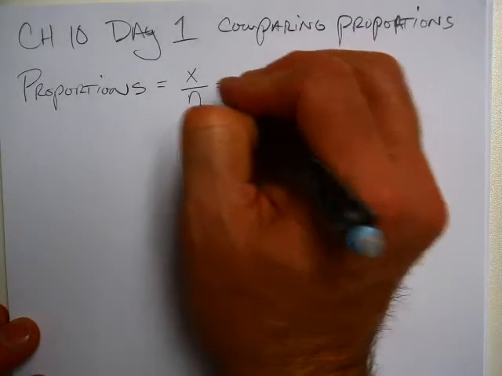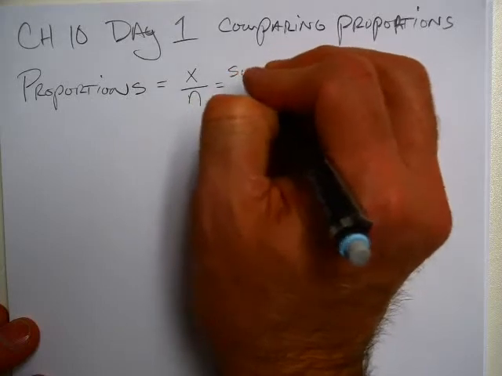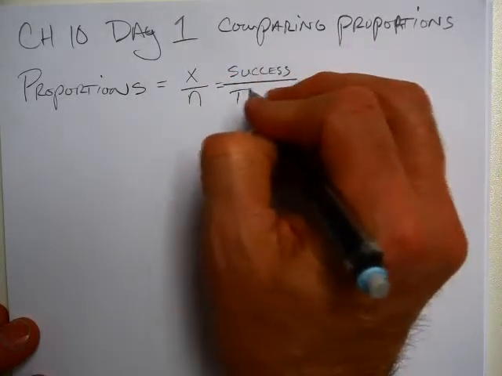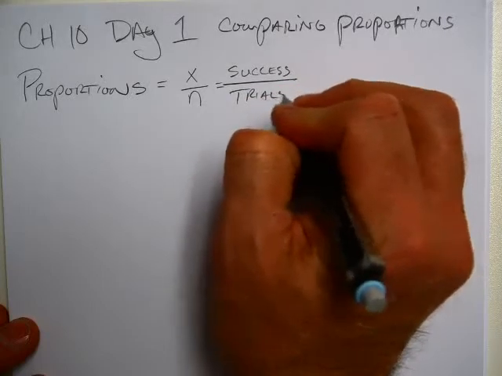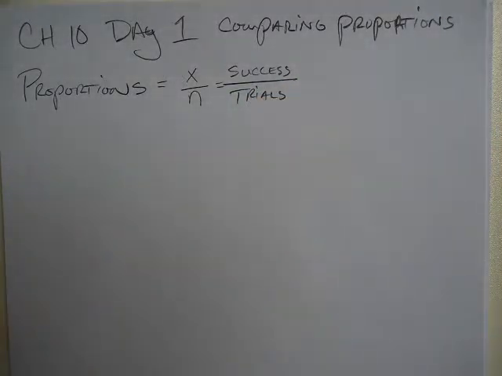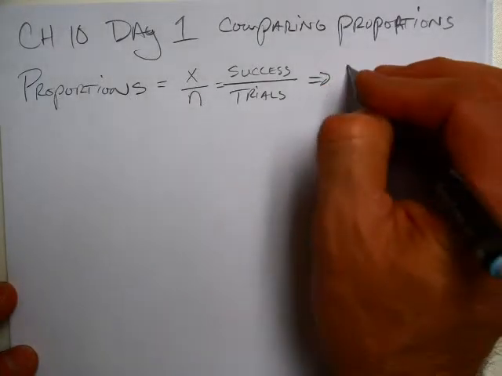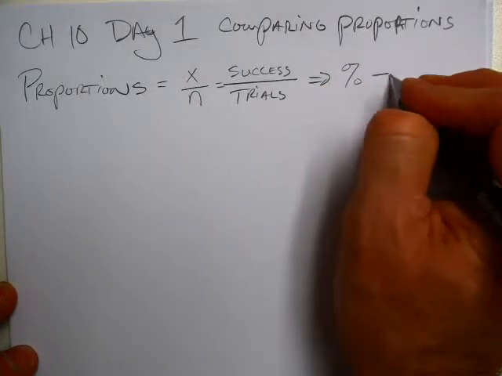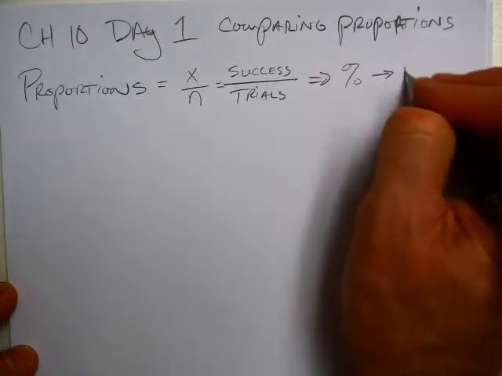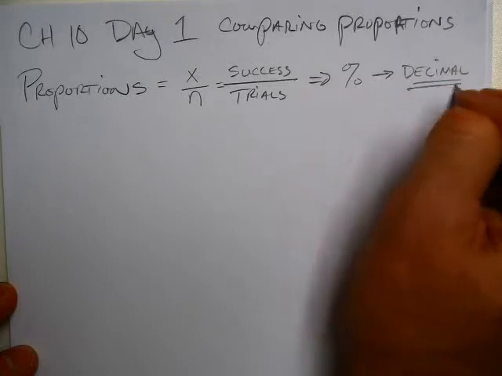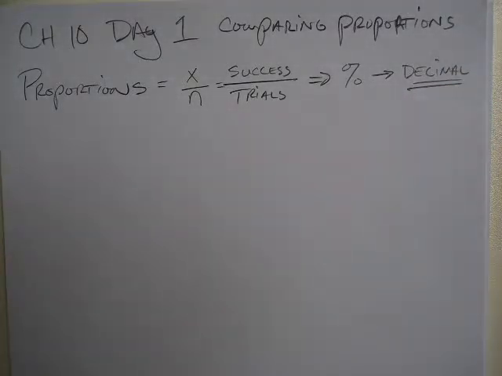X and n is your successes over your trials, or your sample size. And in stats, we generally take that to a percent or more likely a decimal. So the fraction becomes a decimal.